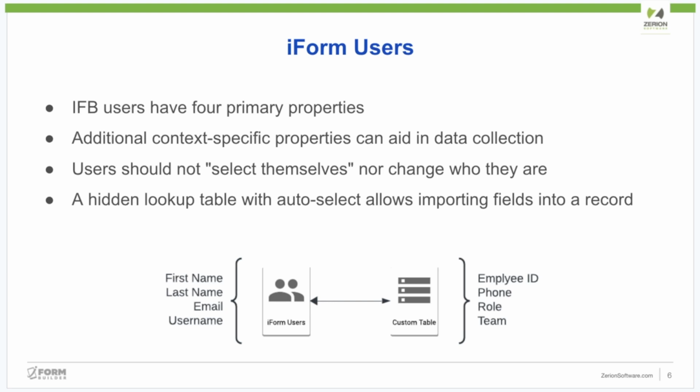From feedback that we've received from customers and also in building out these projects, we recognize that customers want other fields associated with their users. It's not that we've ignored those requests. It's simply that because iForm is a generic platform, it's challenging for us to know which fields to include, because it won't be applicable for all customers, depending on your industry, use case, or organizational structure.